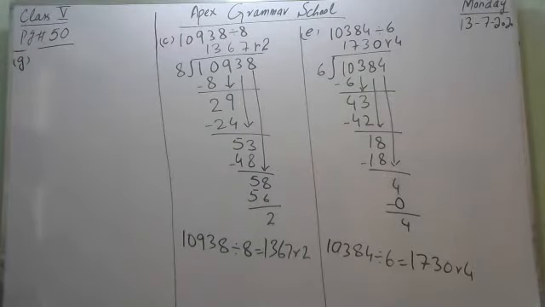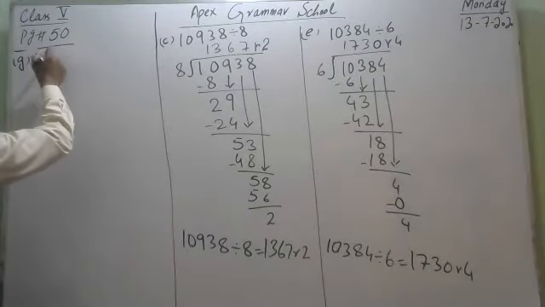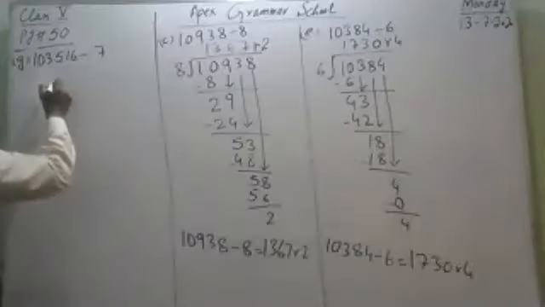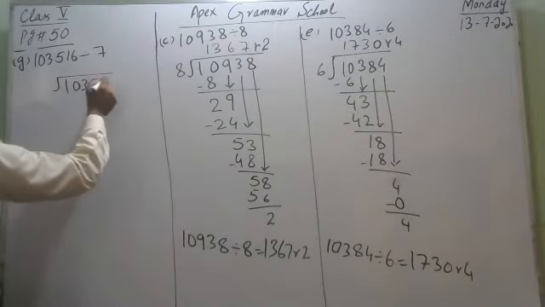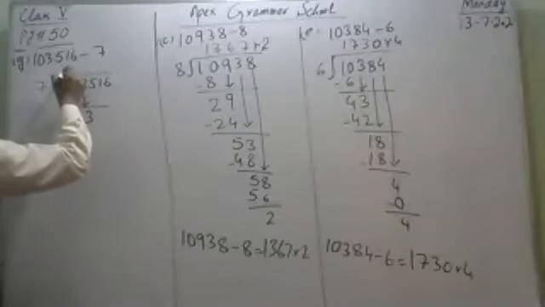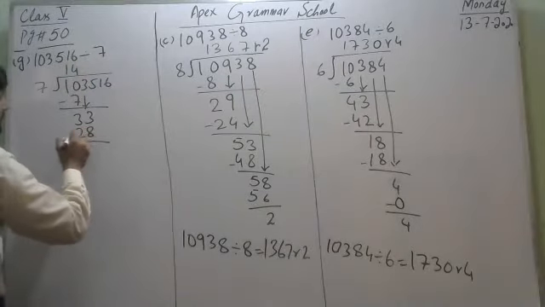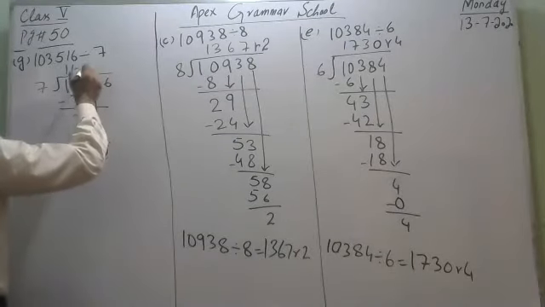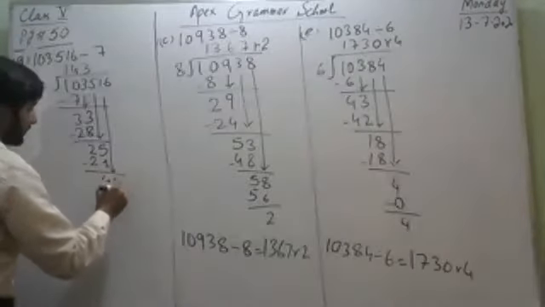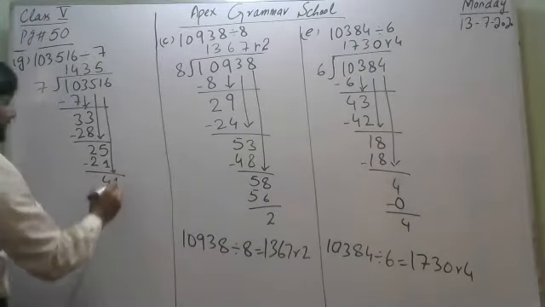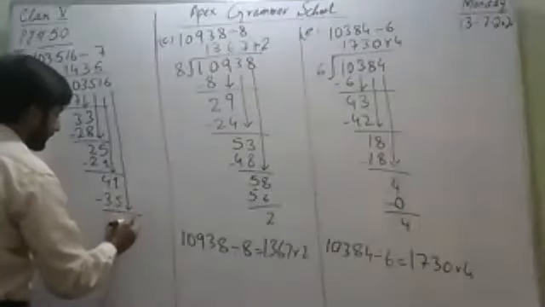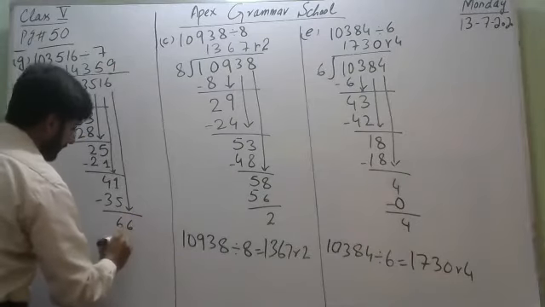G part of this question is 103516 divided by 7. 7 1s are 7, minus 3. 7 4s are 28. 2, 5 come down. 7 3s are 21. 4. 7 5s are 35. 6. 7 9s are 63.